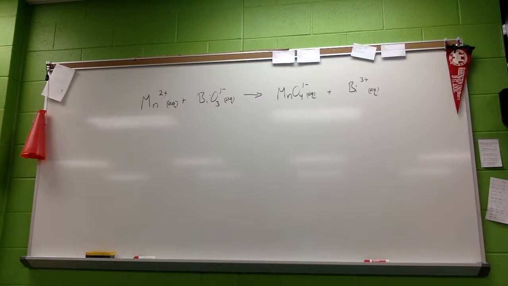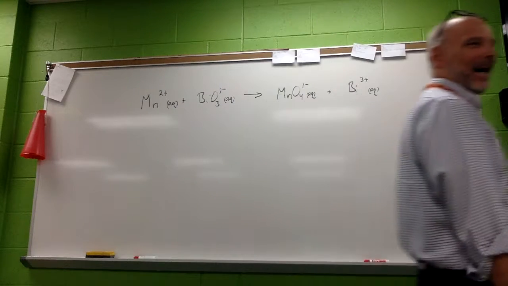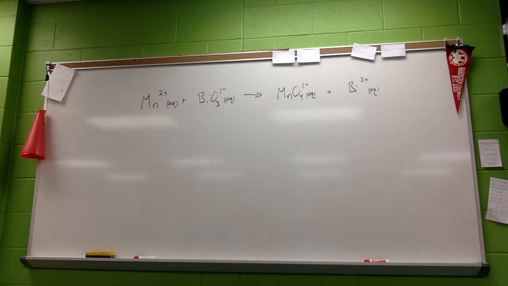How would we classify the way this reaction is represented? Net ionic. It's a net ionic equation. It's only showing the species that are involved in changing one way or the other.